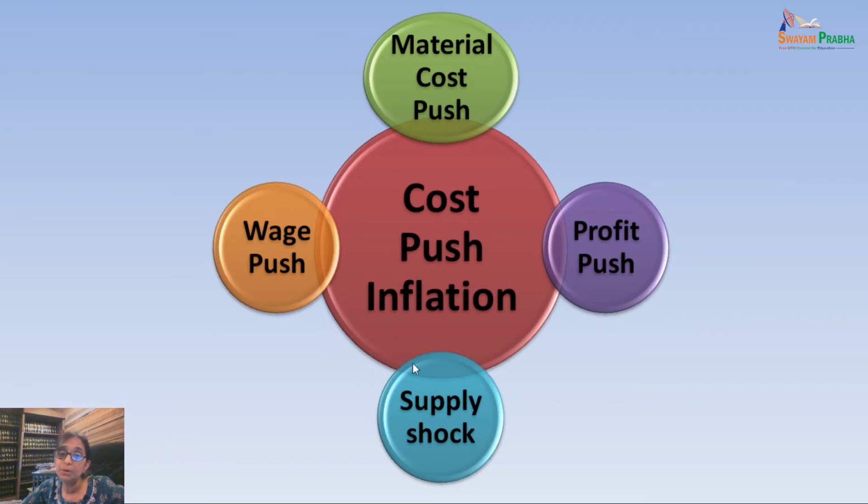It can be because there is a supply shock: an important raw material, or the raw material which is being used by most of the firms, decreases in supply. Hence, your aggregate supply decreases. Or it can be from the point of view of the workers, that in the long run they bargain for greater wages. A higher wage rate would then lead to a cost push inflation.